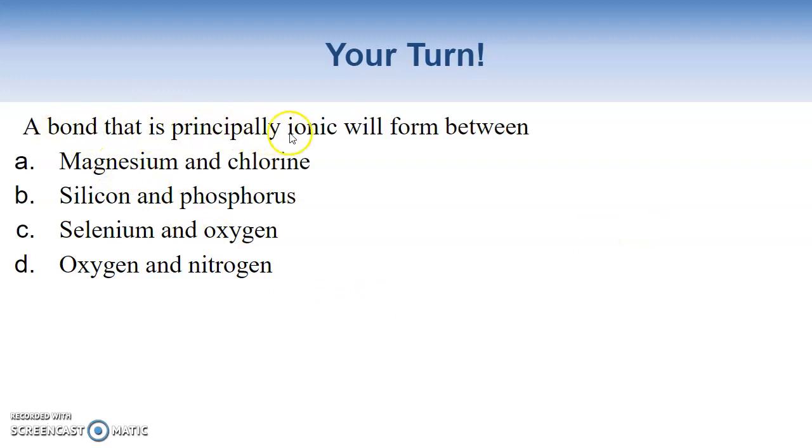Okay, a bond that is principally ionic will form between what? If you go back to your electronegativity table, you could see that your answer is going to be magnesium and chlorine. You also know that ionic bonds are generally between a metal and a nonmetal. Then you would know that it's A as well.